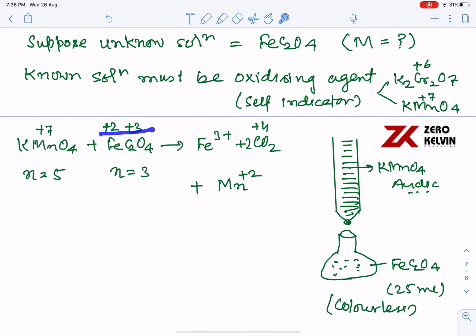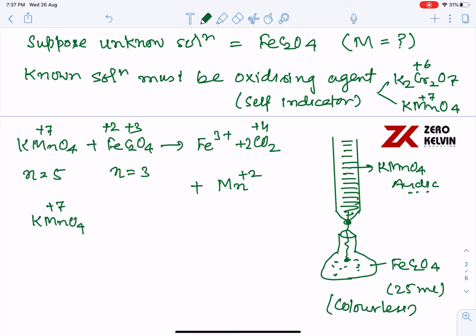When the FeC2O4 is totally consumed in the solution, there is no FeC2O4 left, at that time we get the equivalence point, but at the equivalence point we are not getting the color change. After the equivalence point, if we add one drop of this KMnO4, now there is no FeC2O4 in the solution, so KMnO4 will remain in the +7 oxidation state.